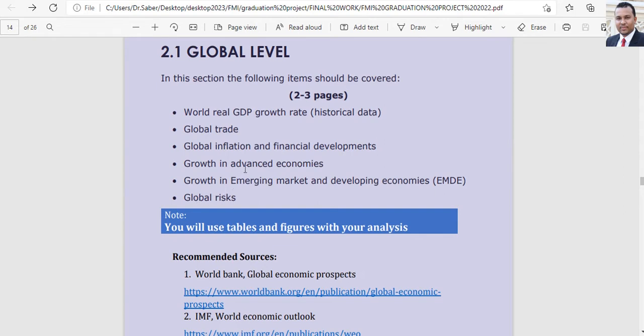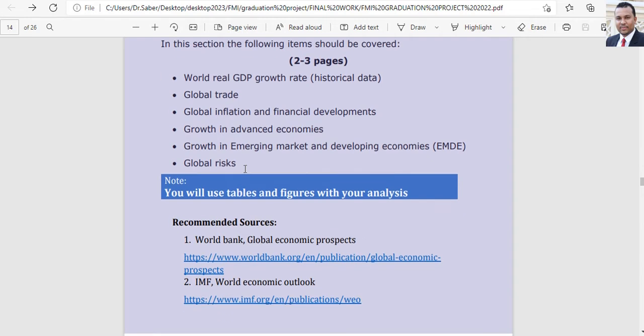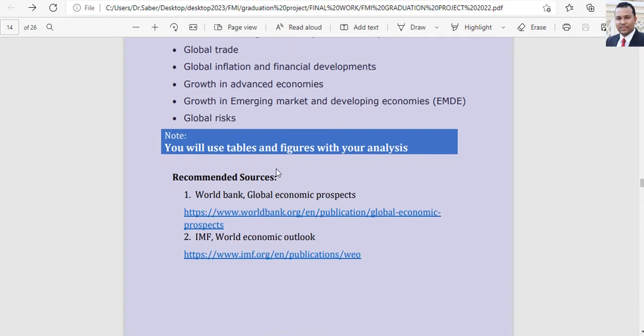How can we find the available information or data for our section 1? We will go to the recommended resources or recommended sources. Number 1, the report Global Economic Prospects, the publisher World Bank. So click on this link.